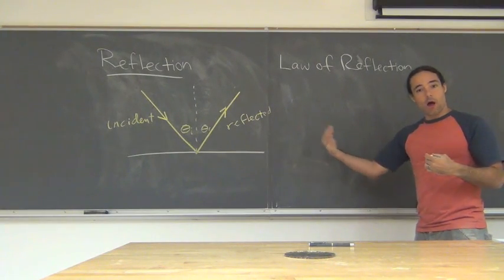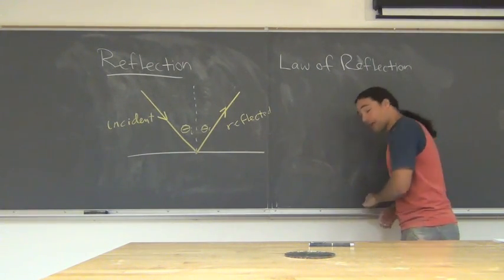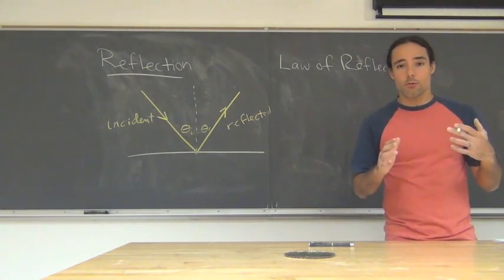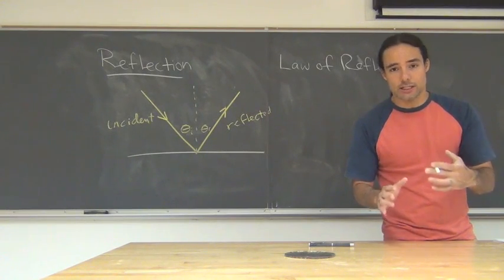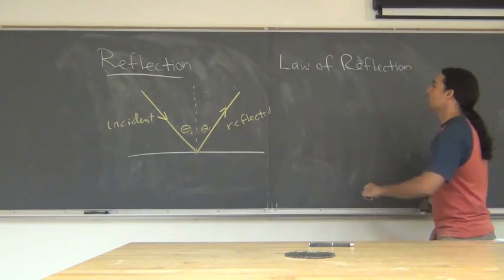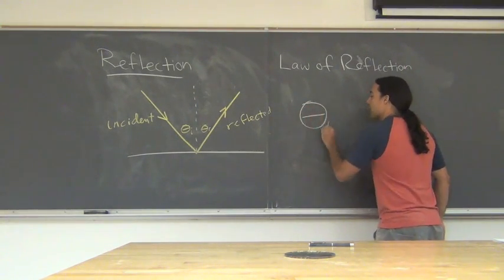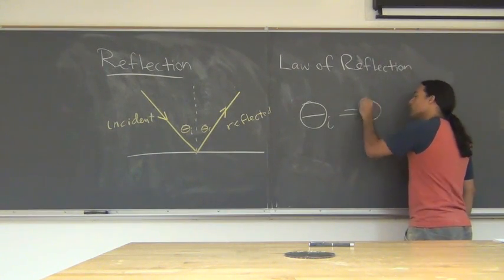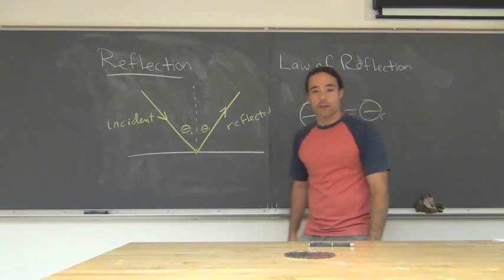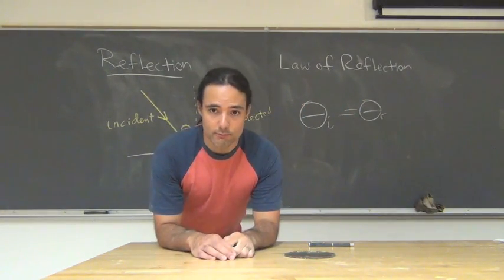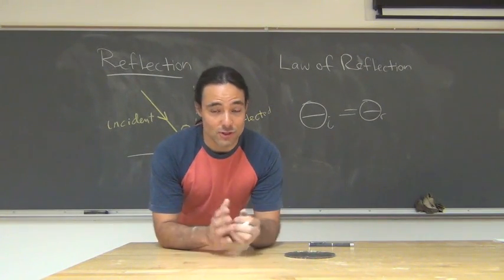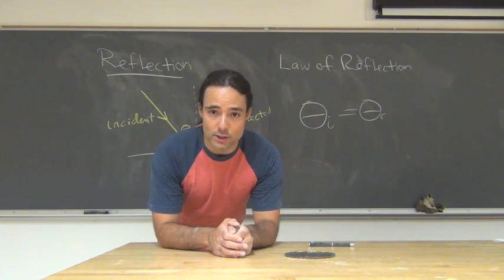We want to come up with a law that describes these two quantities. Now I should warn you, this is going to be the most complicated equation you will ever see in your physics life. It is that the angle of incidence is equal to the angle of reflection. That's it. Just angle of incidence equals angle of reflection.